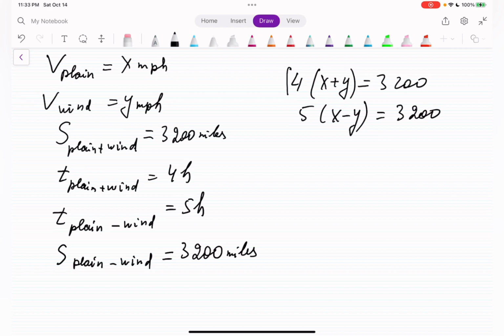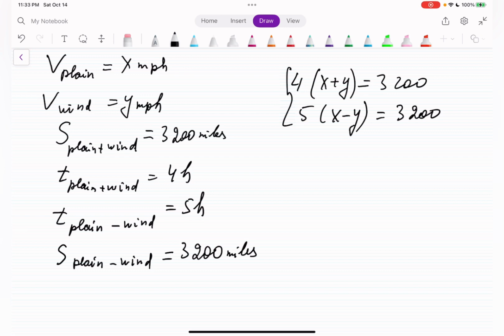So we got the system of equations. Let's see how we're going to solve this. First of all, I'm going to distribute, multiply, or maybe even better, let me divide.